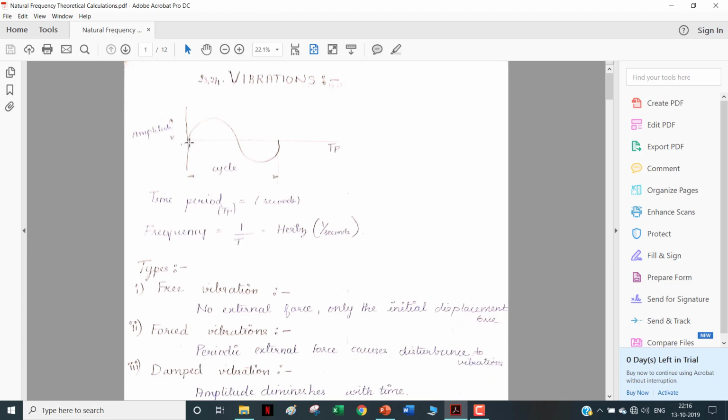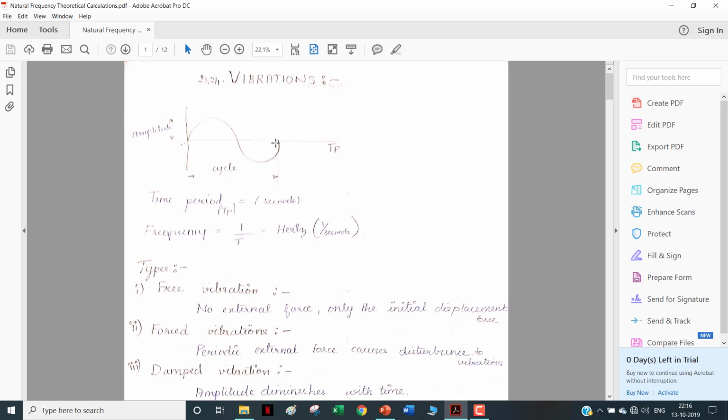So a sine wave starting at a mean position, then crossing the mean position, then going on to the other side, and again coming to the mean position, can be considered to be one cycle, right? So the frequency is nothing but the inverse of the time period, which is the number of cycles per second. So say, for example, this one cycle takes 1 second to complete, then the frequency is 1 cycle per second, or the popular unit for frequency is hertz, right?